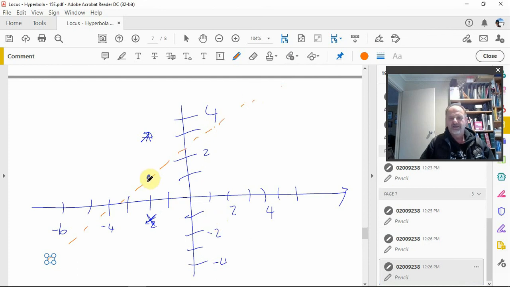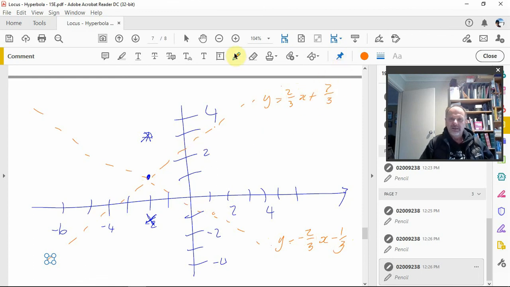And the other one had the -2/3 gradient, so we go down 1, 2 and a run of 1, 2, 3, and so that one goes like this. All right, and so that one's the 2/3 x plus 7 on 3, and this one here is the -2/3 x minus the 1/3. All right, so that saves us having to try and find where these are and work off that.